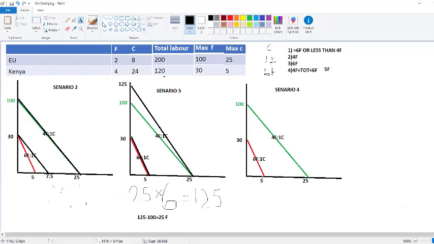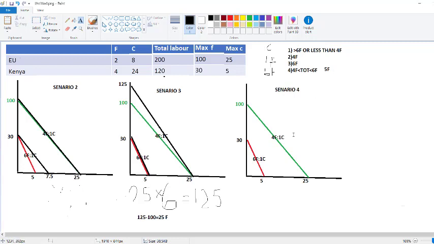In terms of Kenya, initially 1 carbon would have cost 6 food. Under the world prices, 1 carbon now costs 5 food. What does it mean that 1 carbon is now only 5 instead of 6? The value has dropped.